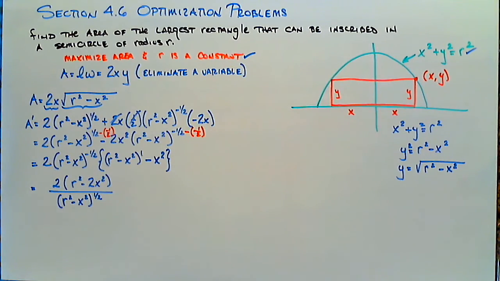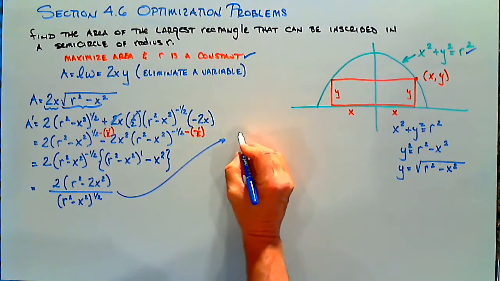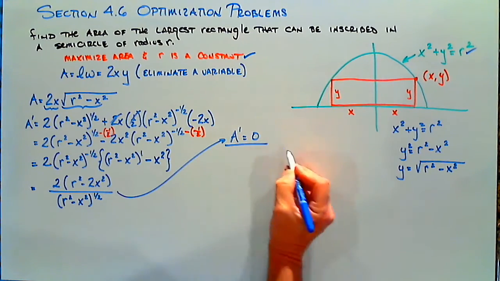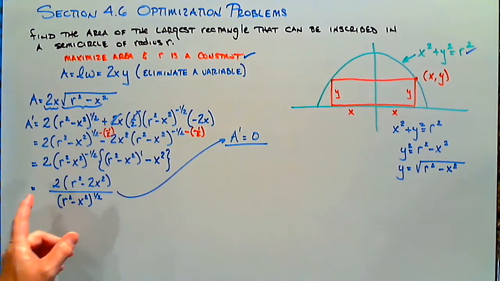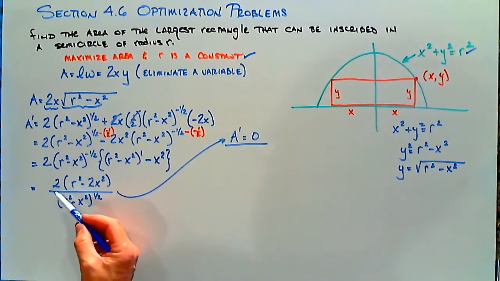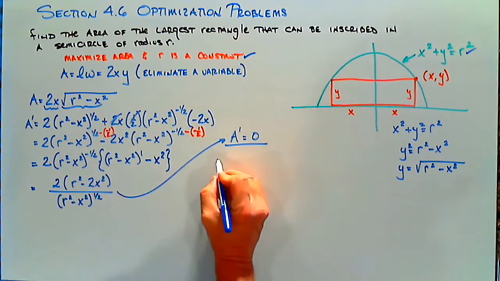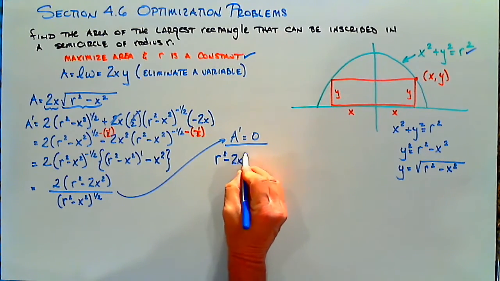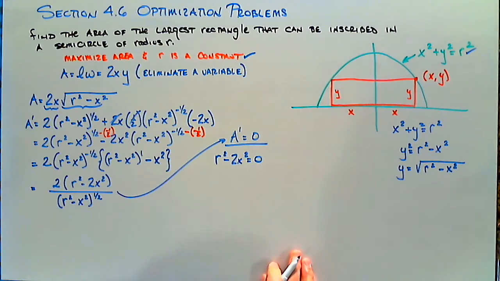Now, we all know where this is going to go. We'll just move over here. We're going to take a prime, set it equal to 0, and ask ourselves, when is this 0? Well, fractions are 0 when the numerator is 0. So 2 is not going to be 0. It's going to be 0 when r squared minus 2x squared is equal to 0.